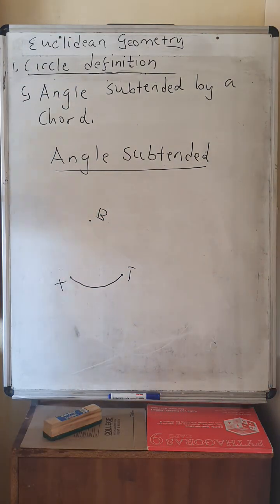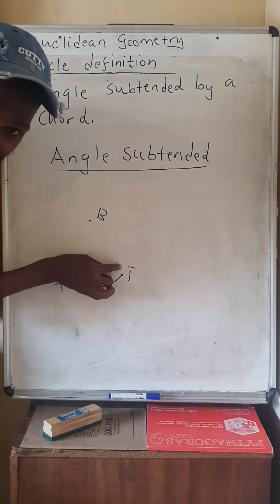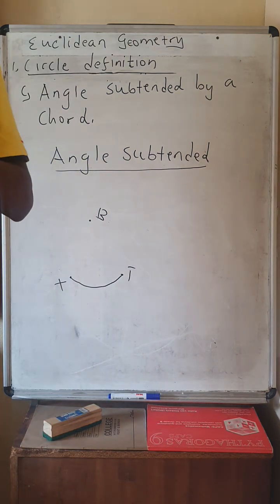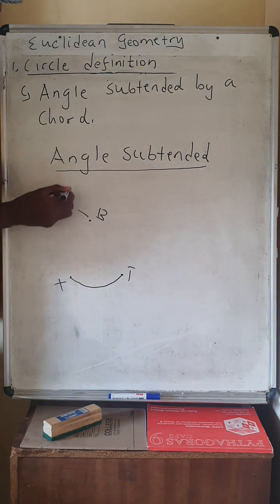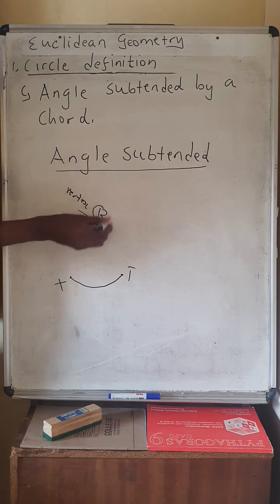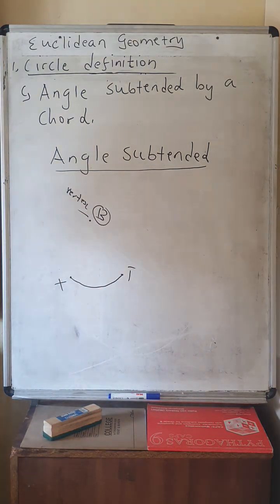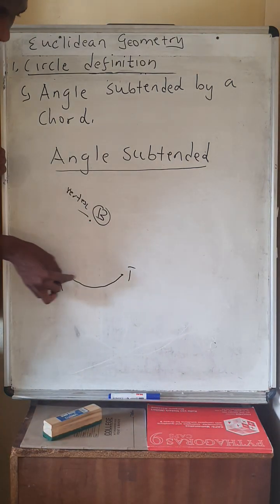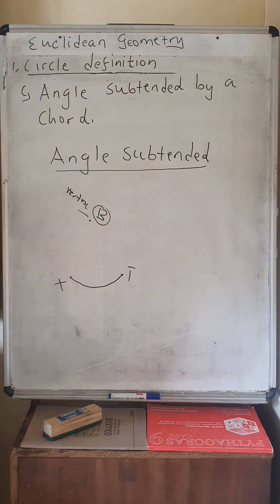Similarly, an arc also has end points. This arc starts here and it ends here. So X and T are the end points of this arc. So if I want angle B, what we have here is the vertex of angle B. If I want angle B to be enclosed or subtended by XT, what I need is the arms of angle B touching X and T, because X and T are the end points of my arc.